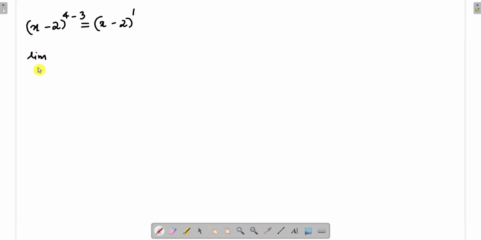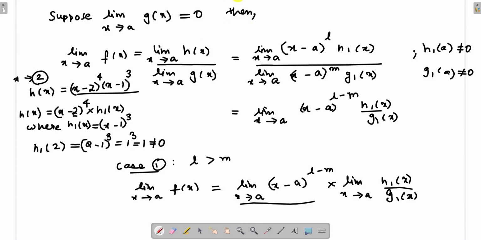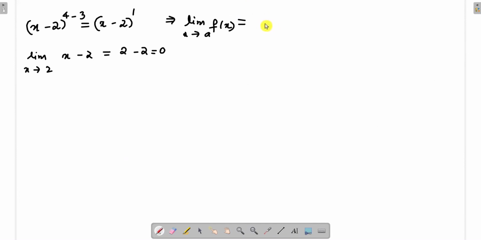And then if we look at the limit x tends to 2 of (x minus 2), this will exist because we just have to substitute x equal to 2, so 2 minus 2 is 0. So this exists. Similarly here also in general the limit will exist, so limit x tends to a of f(x) that we are calculating will exist, and of course it will be 0.